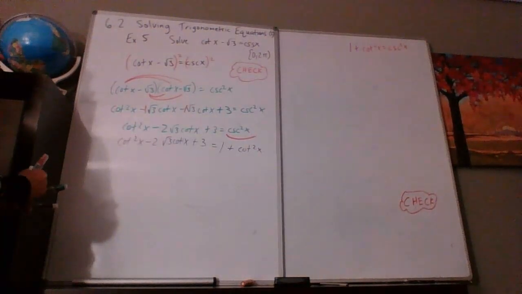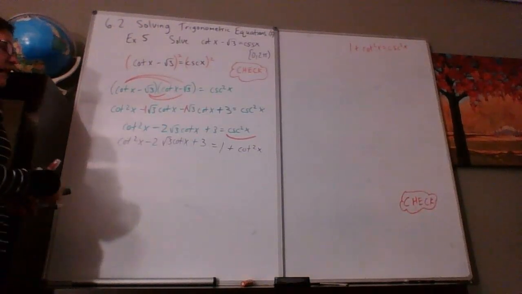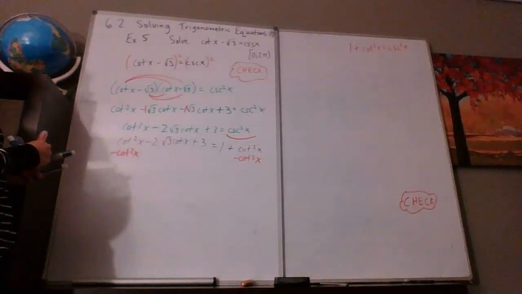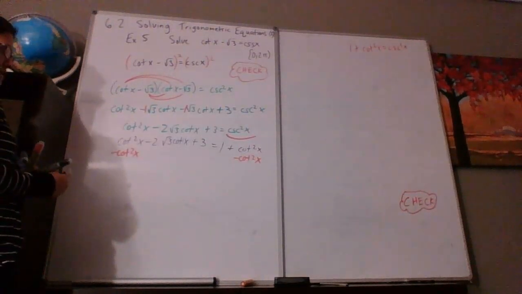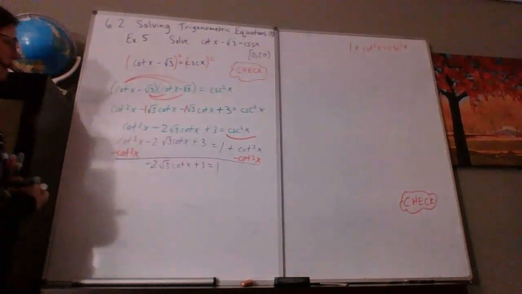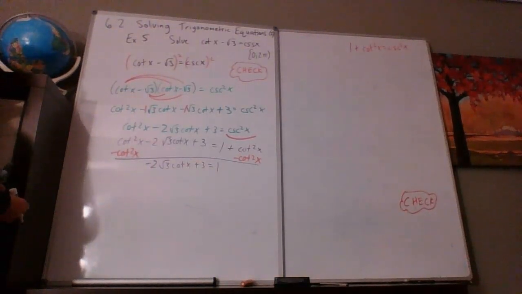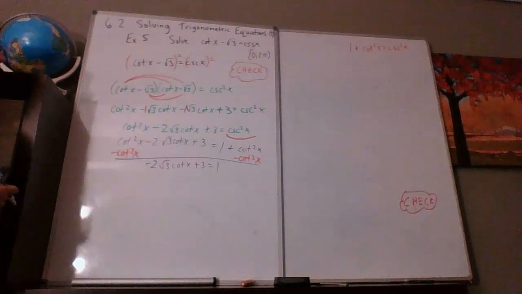Since we have cotangent squared x on both sides, let's subtract cotangent squared x from both sides to see what we get. And look at that, our cotangent squared x's have canceled out. Now we have negative 2 rad 3 cotangent x plus 3 equals 1.